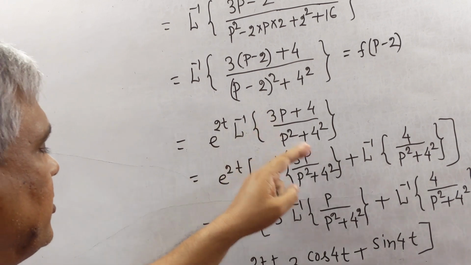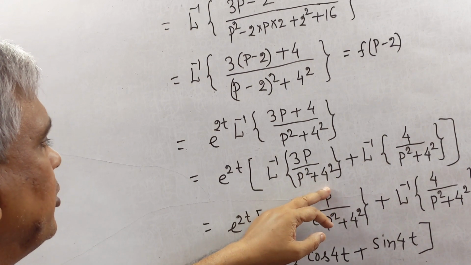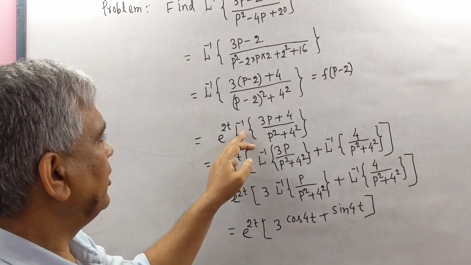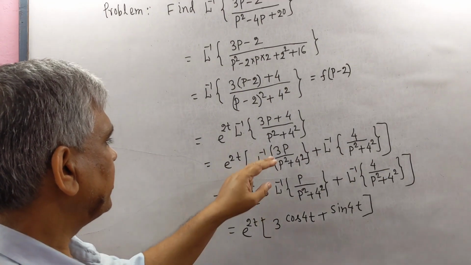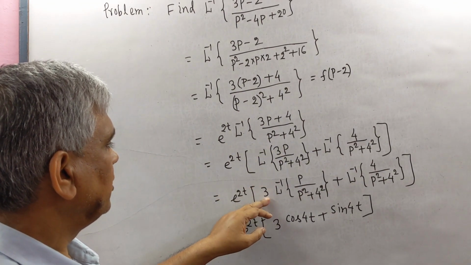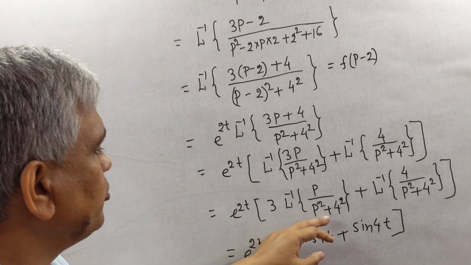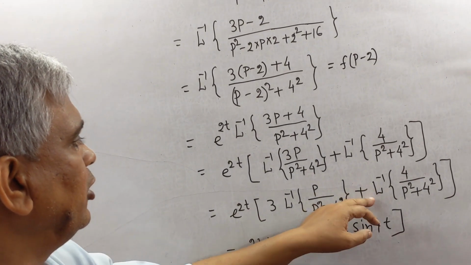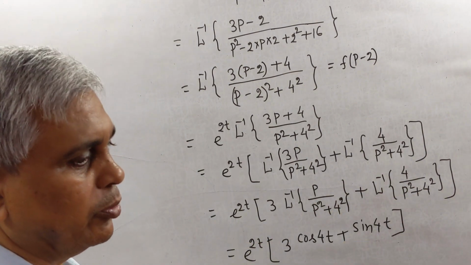So we separate this: L inverse 3p by (p square plus 4 square) plus L inverse 4 by (p square plus 4 square). Now we take 3 outside. L inverse p by (p square plus 4 square) is cos 4t. L inverse 4 by (p square plus 4 square) is sin 4t. Then the problem is solved.